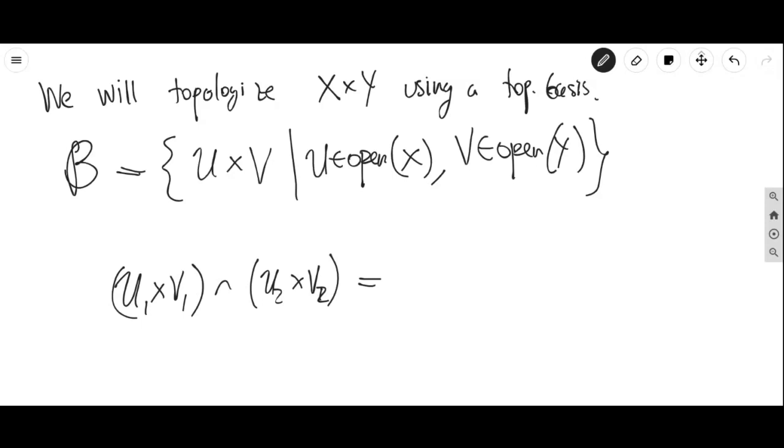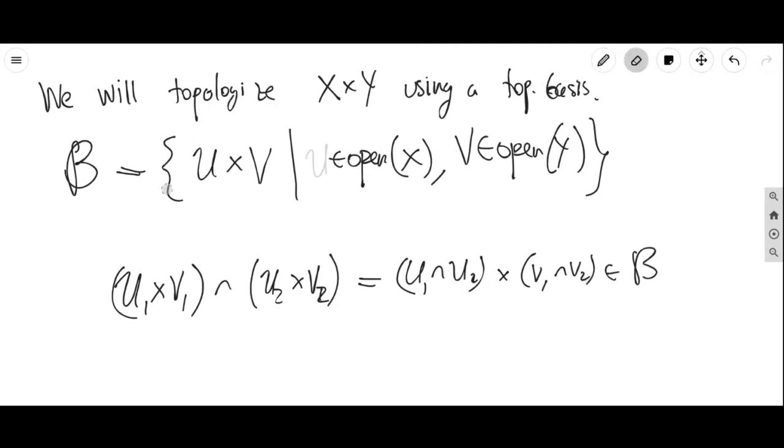So the intersection is U1 intersect U2, times V1 intersect V2, which is again in this topological basis, because the intersection of two open sets is open. So a topological basis does not need the property that the intersection of two basis elements is back in the basis. It does not need to, but in this case it does. And so that means we have a topological basis.